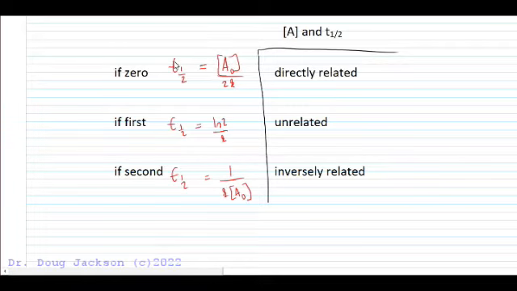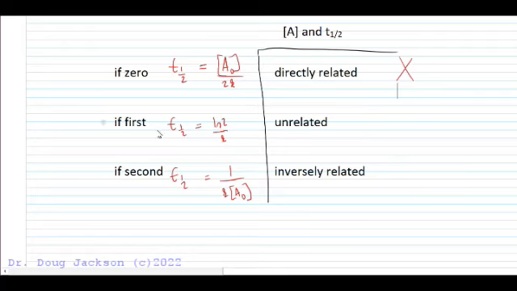And so if we multiply by 2 on the left-hand side, we're going to double the concentration on the right-hand side. 2k is a constant, so it's not going to change. So doubling the concentration is going to increase the half-life. Well, halving the concentration should cut the half-life in half. That's not what we're seeing in our problem, so we can rule that out.